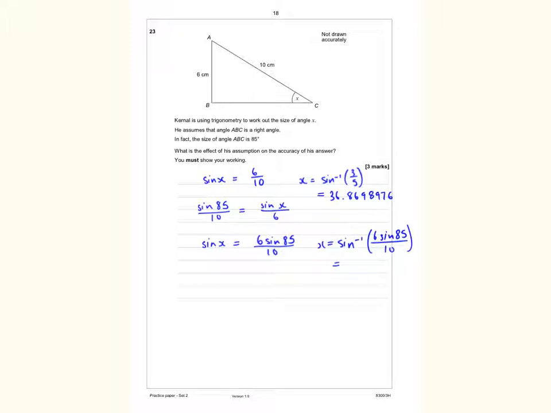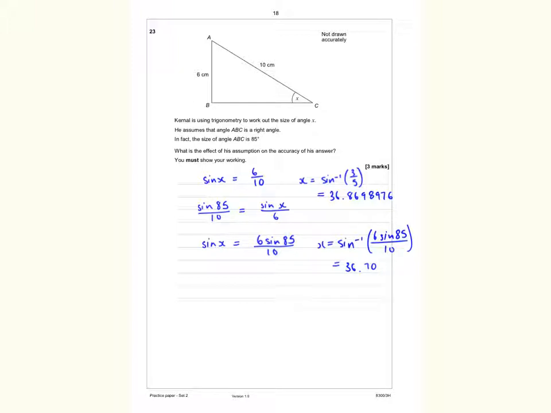And the actual value, which is this one, using the angle as 85, we're going to have inverse sine of 6 times sine 85 over 10. Okay, and that value is 36.7014.